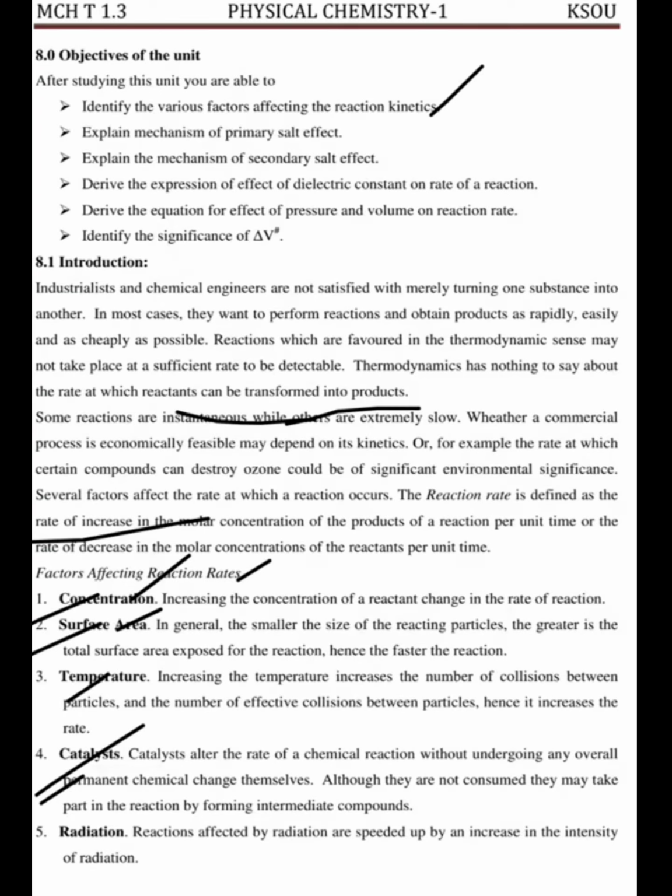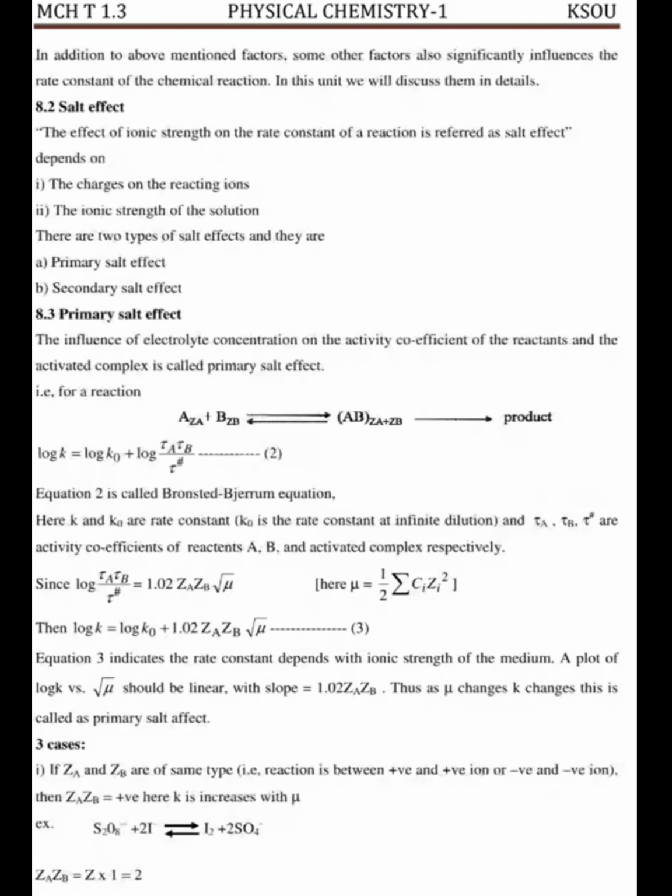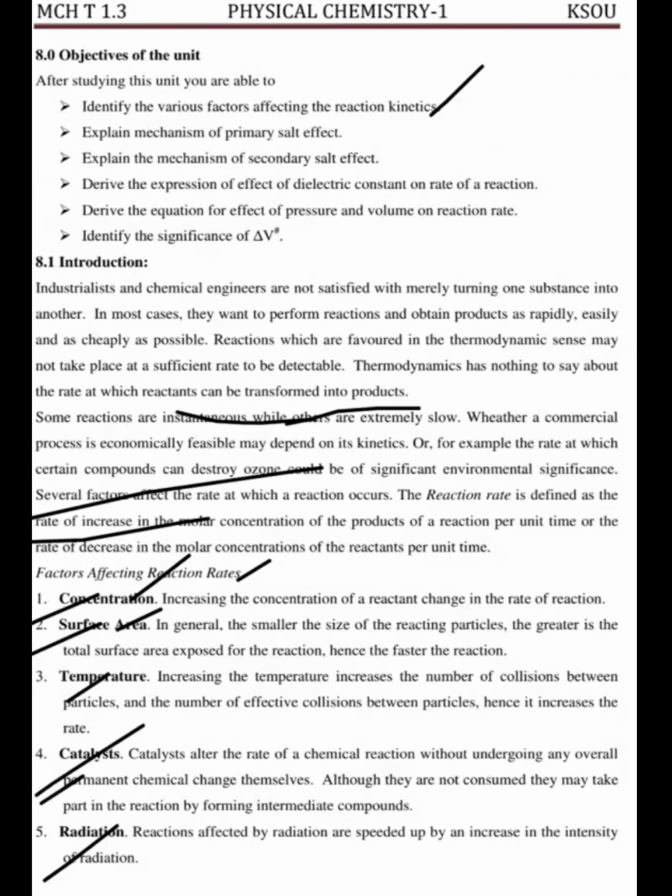Also with respect to radiations, UV radiation penetrating the reaction can increase the rate of reaction. Some of these also slightly influence the rate constant of chemical reactions. These are the factors.